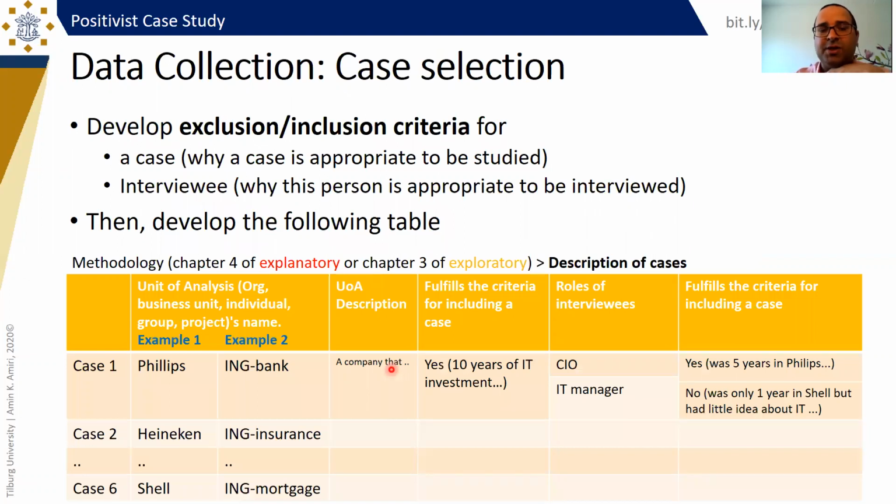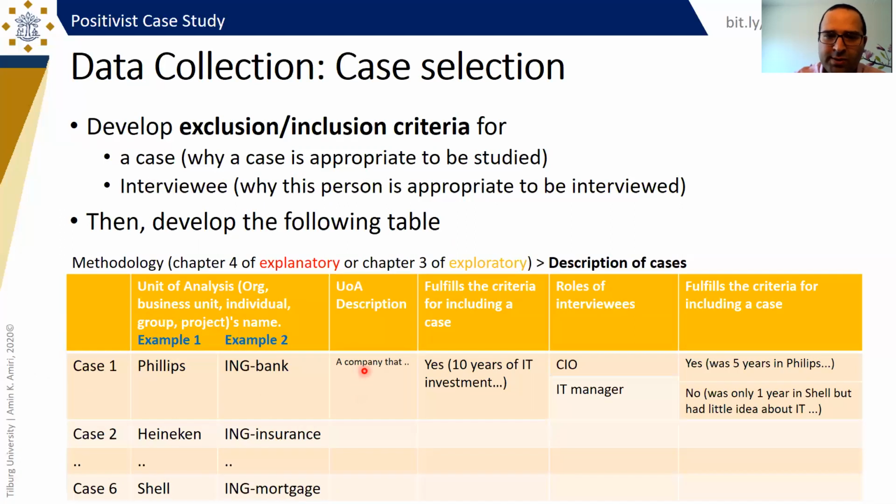And for case selection, for each case, you need to explain why a case is appropriate to be studied. When you choose an interviewee from that case, you need to explain why that person is the appropriate person to be interviewed. And at the end of this, you need to create a table like this. Okay, I have 6 cases, case 1, 2. The first one is Philips, Heineken, or Shell, or perhaps your units of analysis are all divisions in ING: ING Bank, ING Insurance, ING Mortgage.